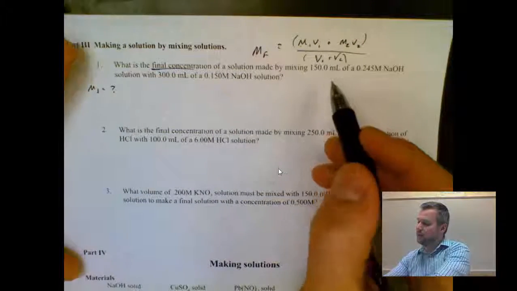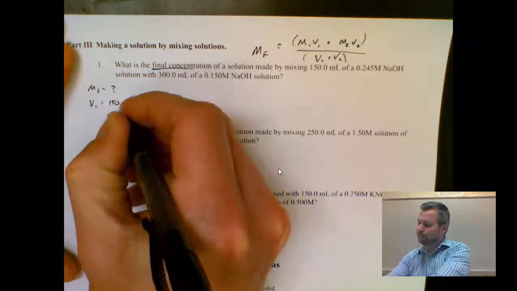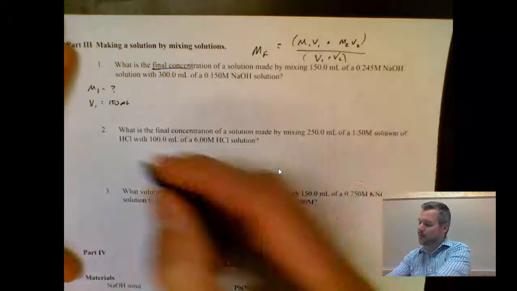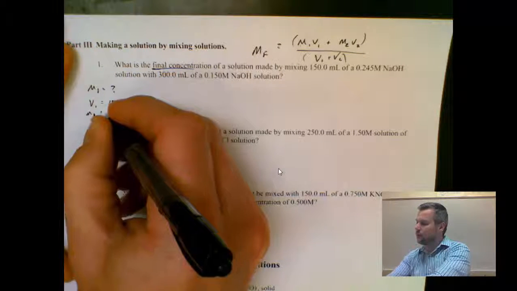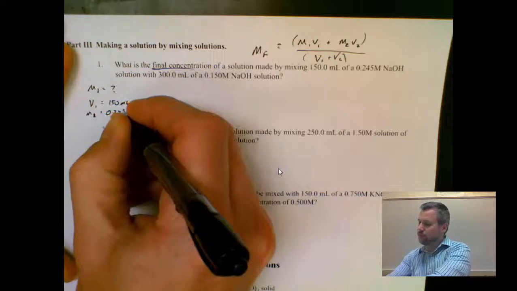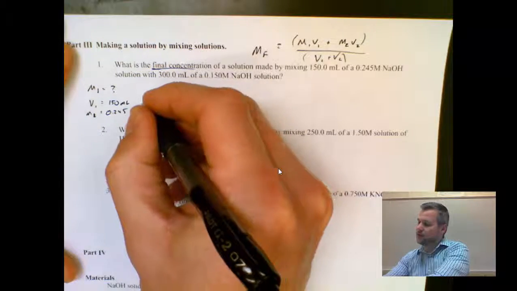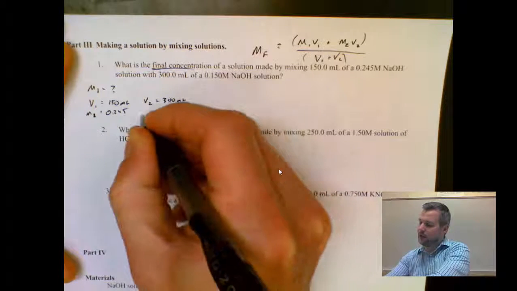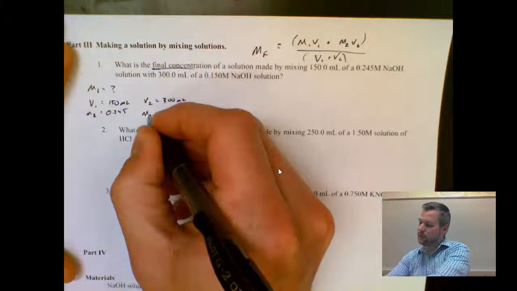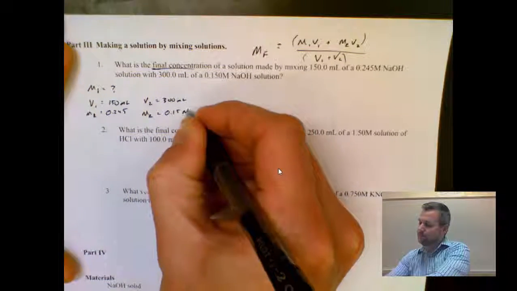By mixing 150 milliliters, so there's our V1, of a 0.245 molar solution, that's M1. We know that we have 300 milliliters, so that's V2. And M2 is equal to 0.15 molar.